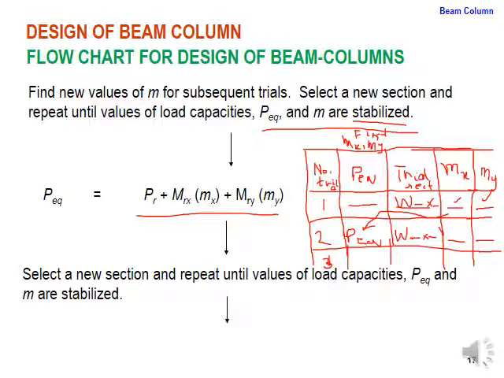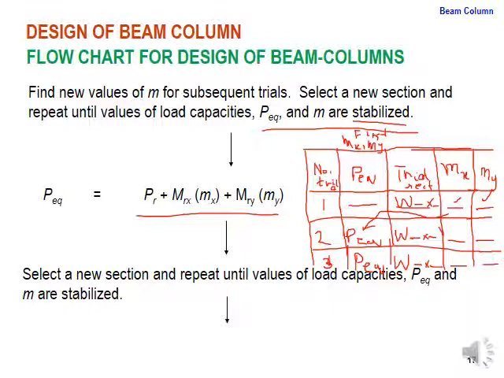Using this second trial Mx and My, you can calculate another P equivalent, and based on this P equivalent you are selecting another trial, and using its depth you are calculating another Mx and another My.